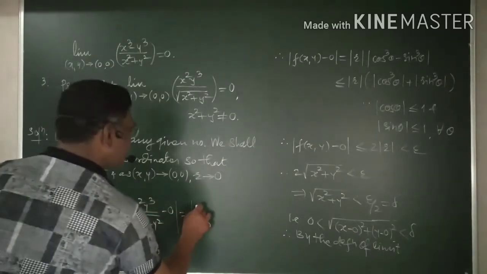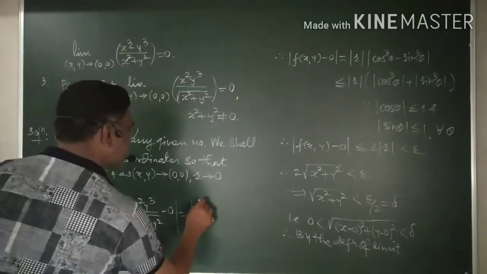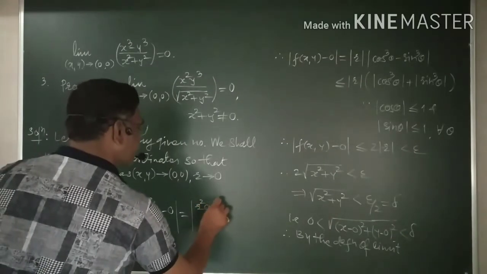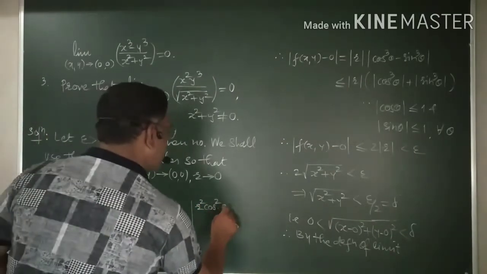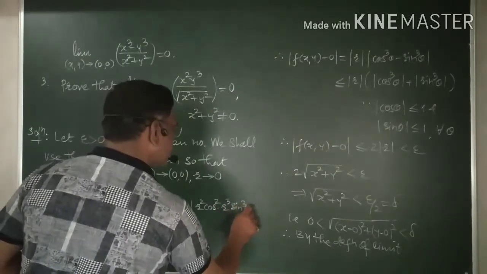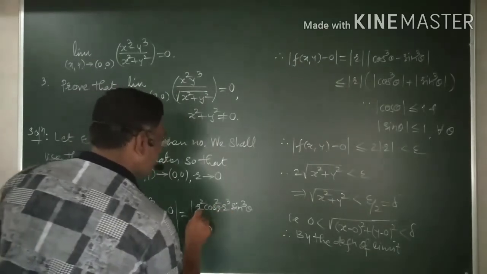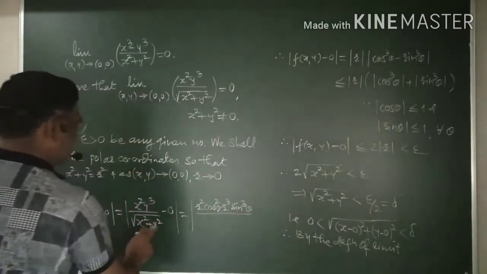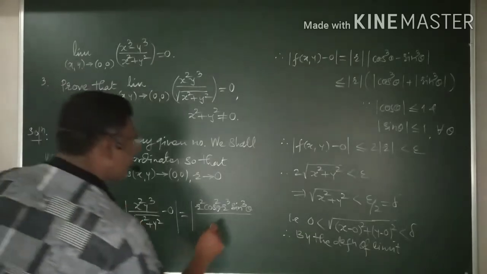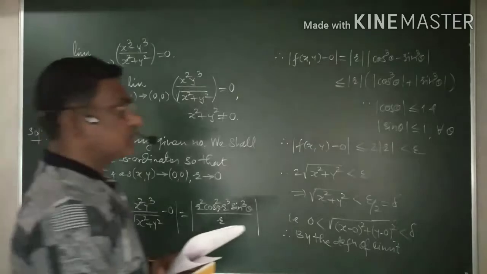Absolute value of x². Therefore, we have r² cos²θ into r³ sin³θ, and cos²θ is remaining, divided by x² + y², which is r², and therefore here is r.